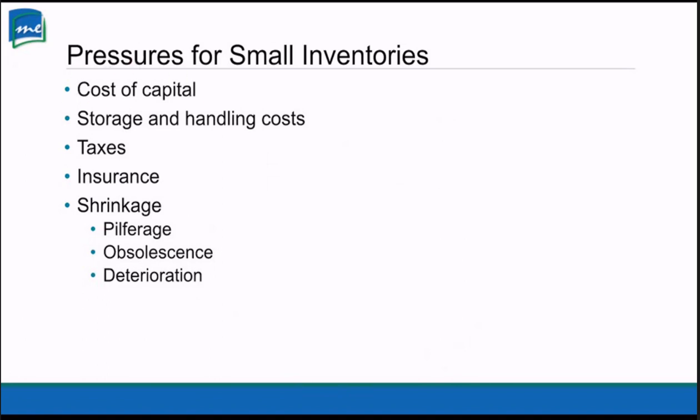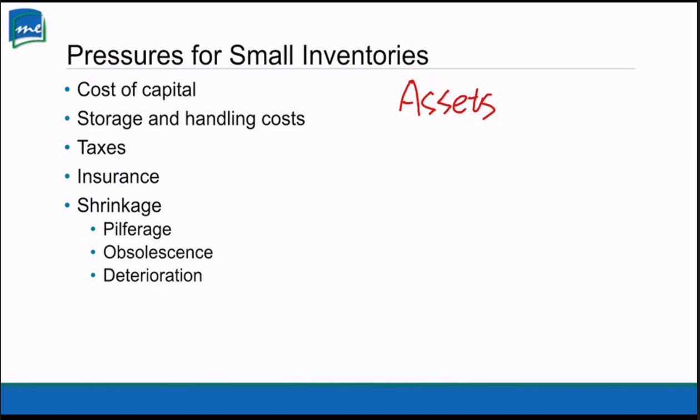Inventories can be regarded as assets. So the money you spend on inventories, you cannot spend that portion of the money on other things. In other words, you lose opportunities. You may lose opportunities to grow because you have spent that money on inventories.